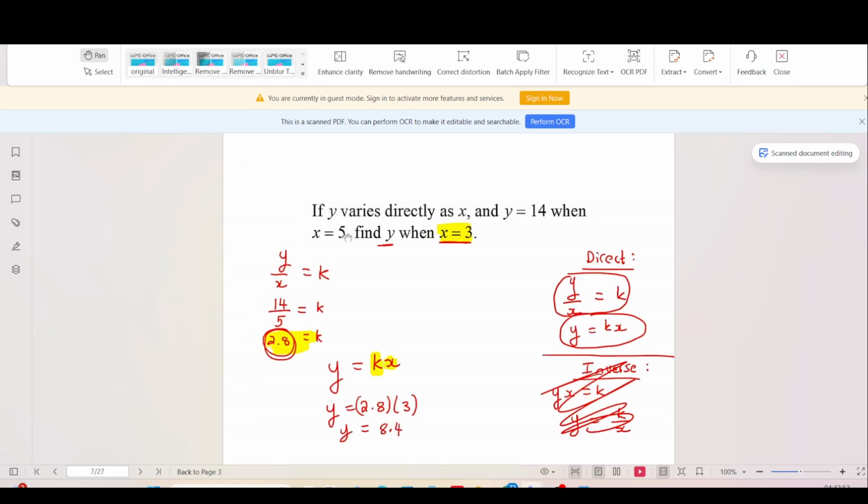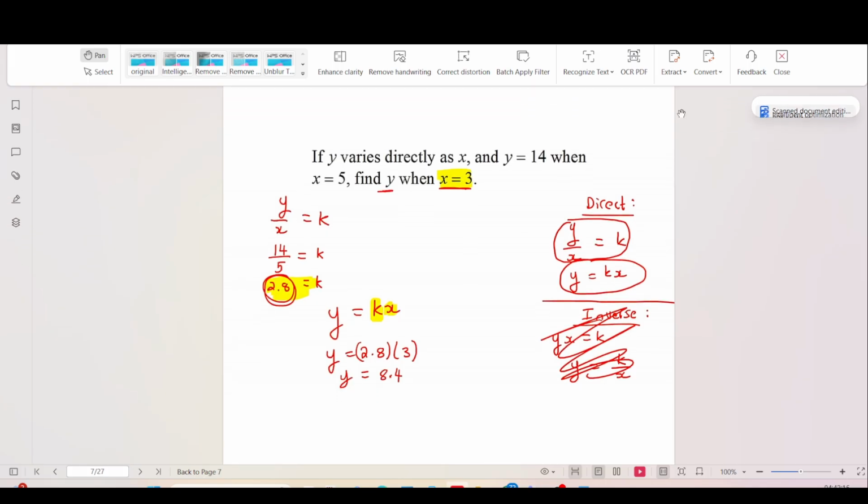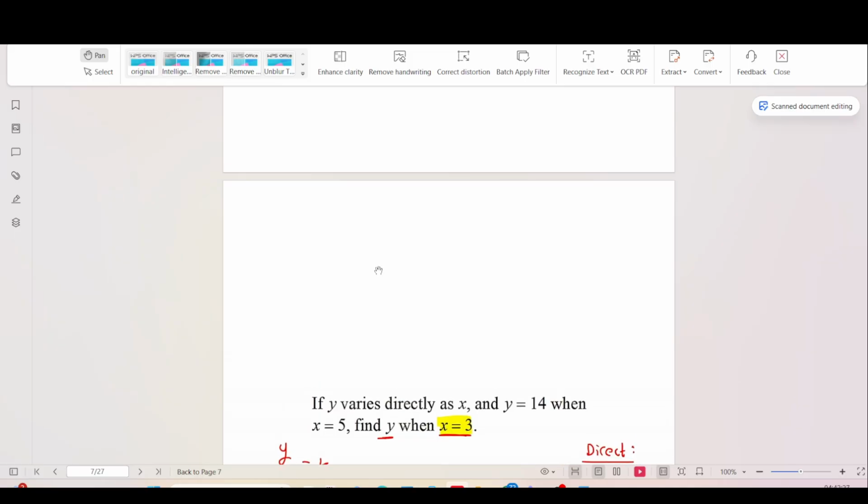If y varies directly as x and y is 14 when x is 5, find y when x is 3. If it's direct, then I have to do y over x.